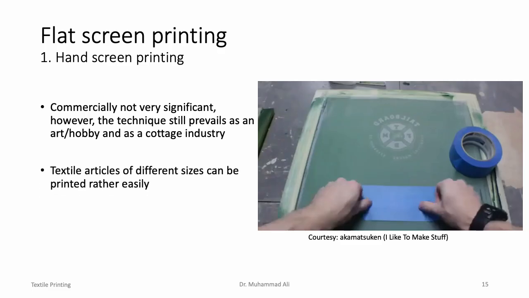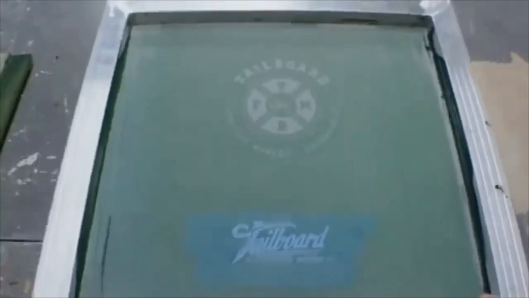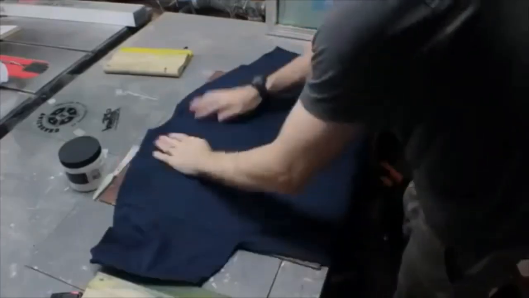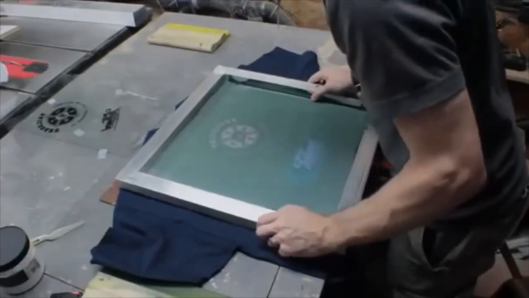So as I was discussing, with this method of hand screen printing, textile articles of different sizes can be printed. In the previous video, you saw the printers printing a larger length of the fabric, and in this video over here, you can see a t-shirt being printed. So it's the same screen essentially, and the t-shirt, the article, is spread flat on a surface.